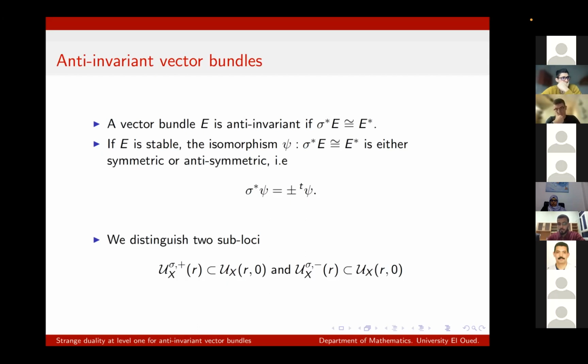I should stress here that in some cases this moduli space is empty, usually in the ramified case. If the cover is ramified and r is odd, then there is no stable vector bundle which is sigma alternating, and this is easy to see, because there is no anti-symmetric matrix of odd rank, just from linear algebra.